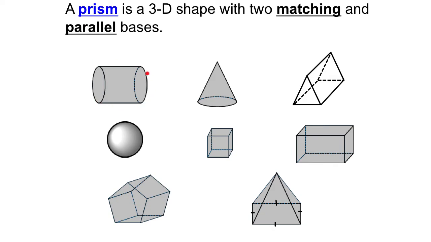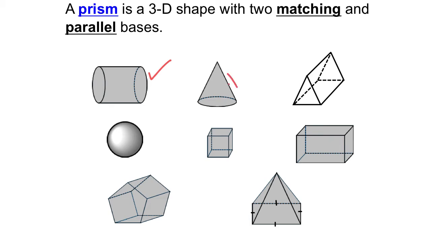This shape here is a cylinder. It has a circular base and another circular base over here, and those bases are parallel to each other. So that's a prism. Here is a cone. It has a circular base, but it doesn't have a parallel circular base on the other side.